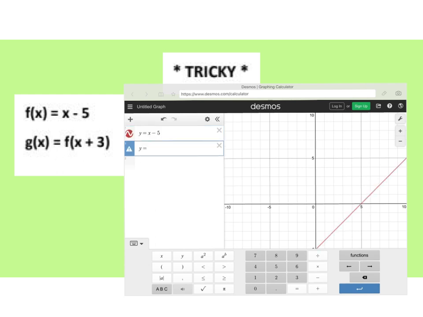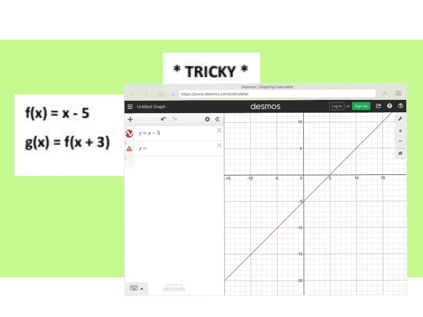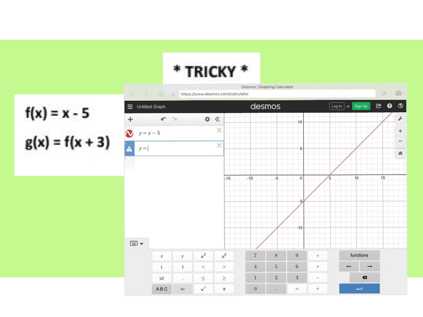All right, so here's our first equation, y equals x minus 5. So let's graph the other. Well, I need to create it first. I'm going to substitute this for x. So then it would be x plus 3 minus 5. Yep, minus 5. So then it becomes x minus 2.